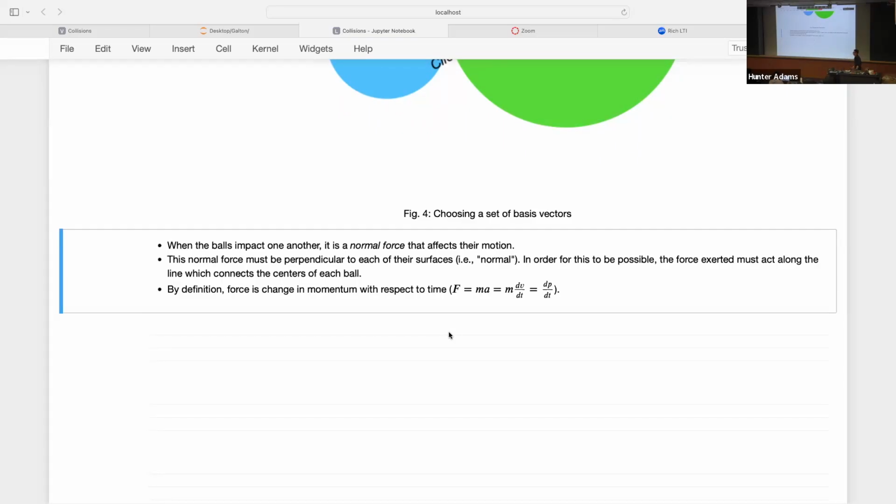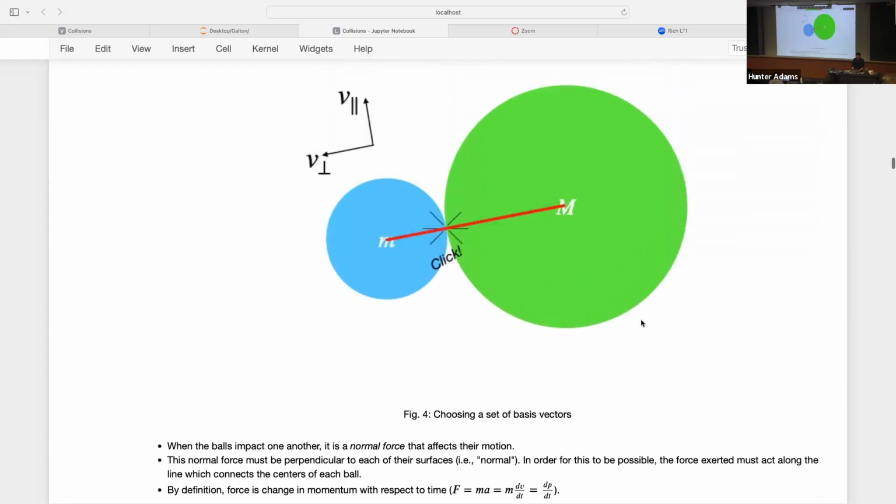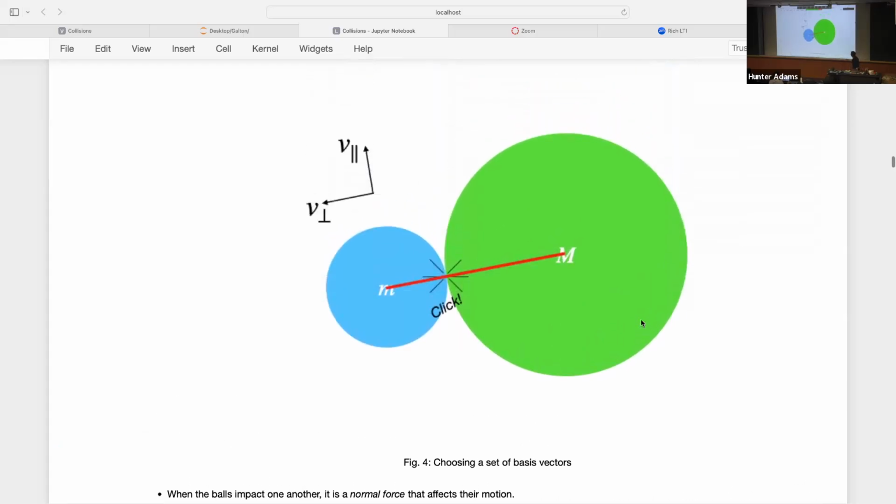And so instead of just plugging through in y and x, we stop and think for a minute and say, okay, let's change our orientation a little bit. And as a consequence, things simplify considerably. We could call these directions anything that we wanted. I'm calling this the perpendicular axis and the parallel axis.